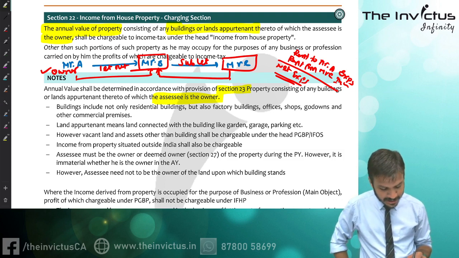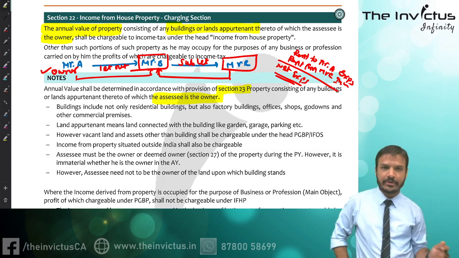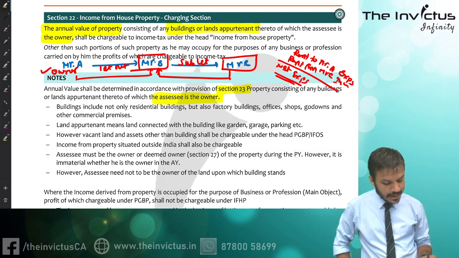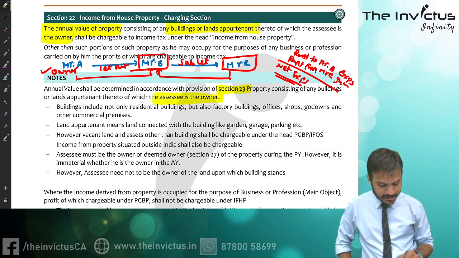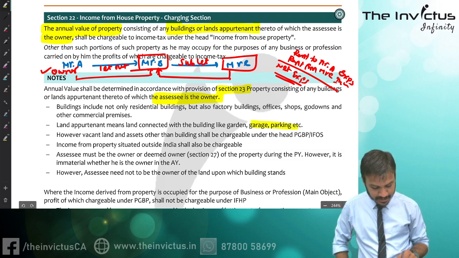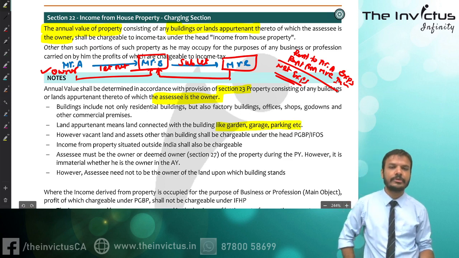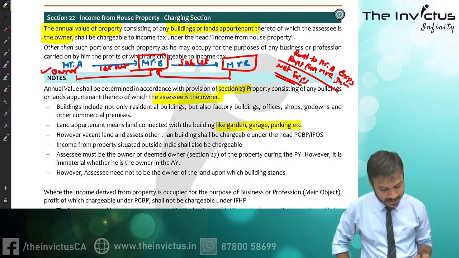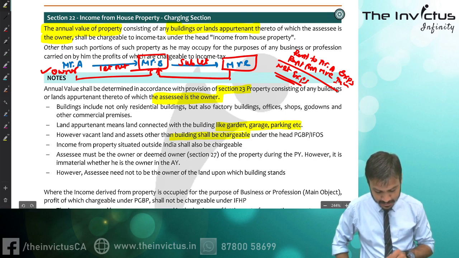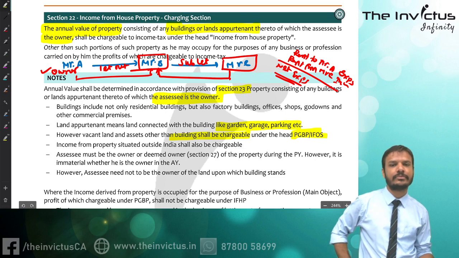Building includes not only residential building but also factory building, that I have already discussed. Land appurtenant means land connected with the building like garden, parking, etc. However, vacant land and assets other than building shall be chargeable under the head PGBP or IFOS.